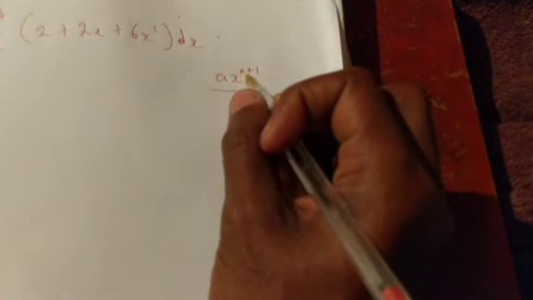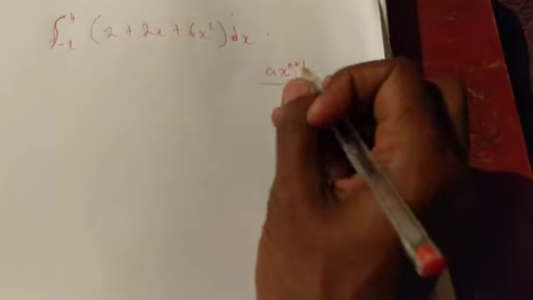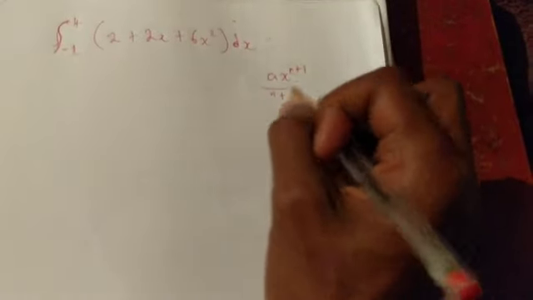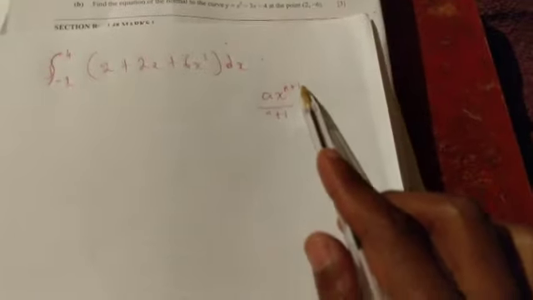In integration we are adding 1 to the power, while in differentiating we are subtracting 1. So we say n plus 1, and whatever you add to the power is what you divide by below.